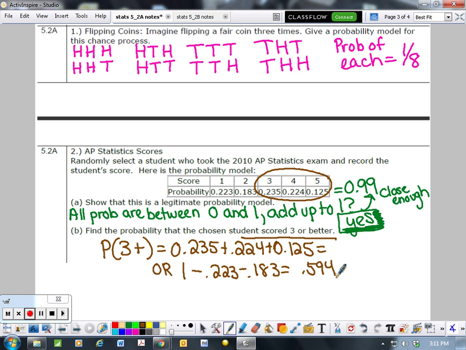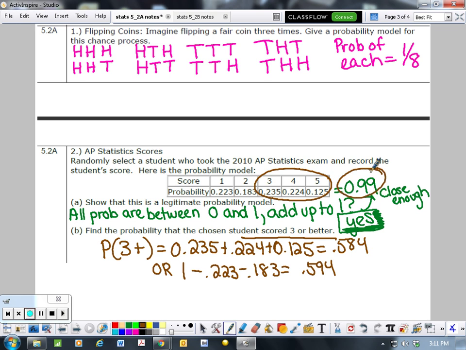And here I got 0.235 plus 0.224 plus 0.125, 0.584. I'm going to be off a little bit. Why am I off a little bit? Because when I checked to see if it was a legitimate probability model, did it add up to 1?